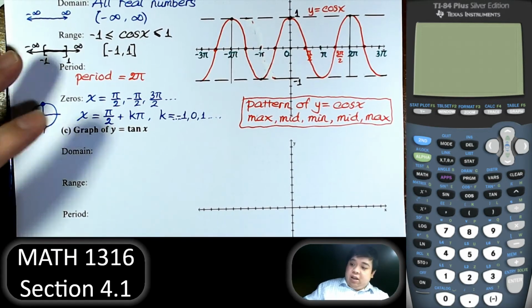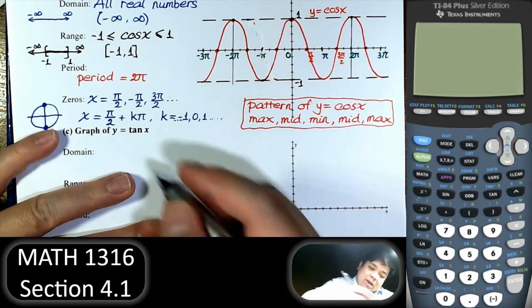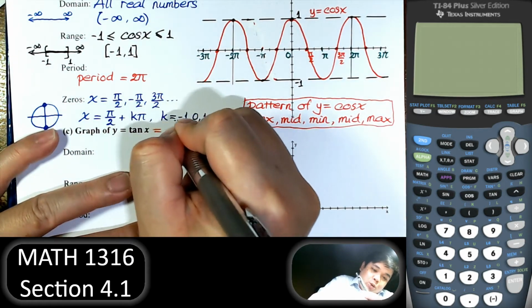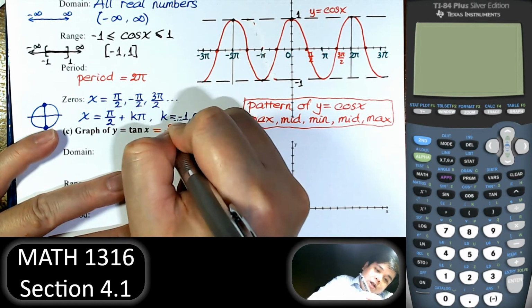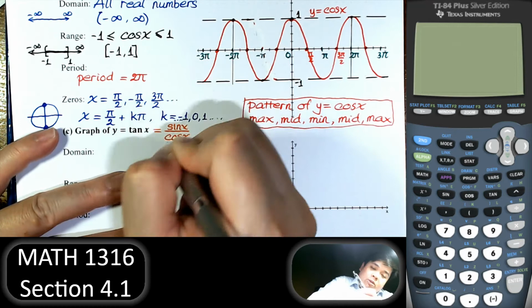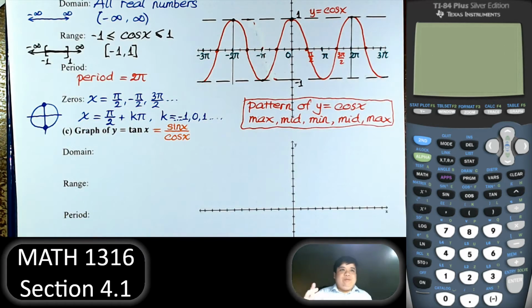Before we do anything, a nice property is the identity: tangent is equal to sine over cosine. So that's the first thing we'll notice, because now we know the graph of sine and the graph of cosine. We can start with that. So what is the domain?